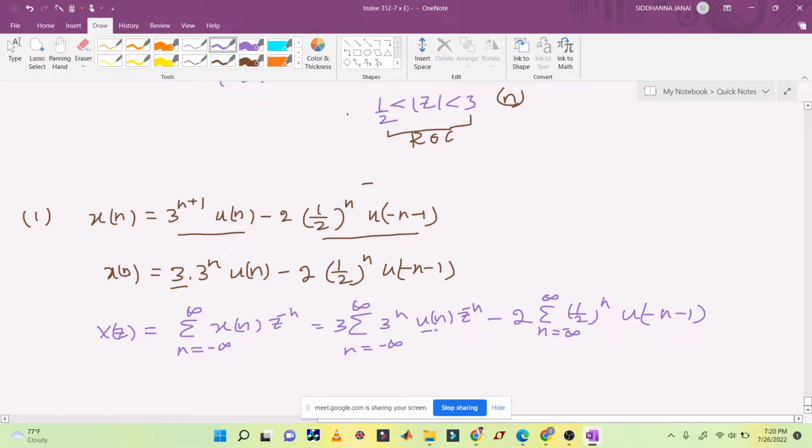You know that if u of n is there, the limit will be n is equal to 0 to infinity. If u of minus n minus 1 is there, the limit will be minus infinity to minus 1.